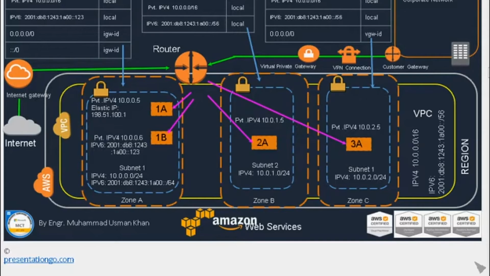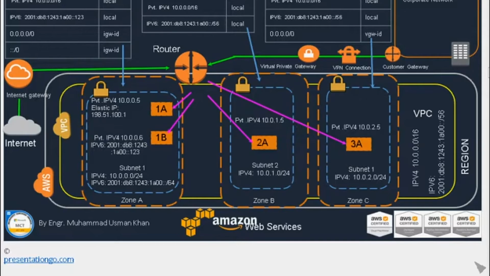In this region we have 3 availability zones, and in each of the 3 availability zones there is more than 1 subnet and 1 machine which is connected to the route table. It's actually a route table. There is no router concept in the VPC. It is actually a route table, and the route table is basically connected to the internet gateway.